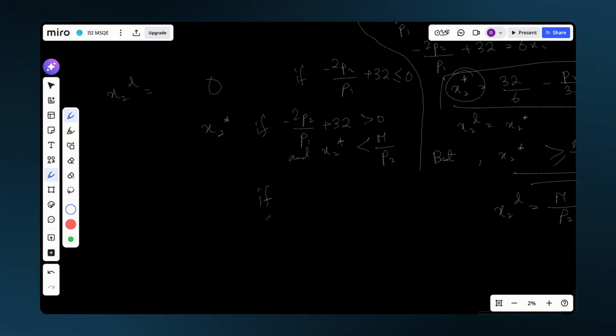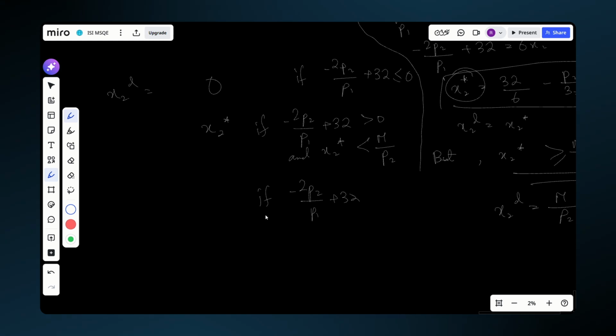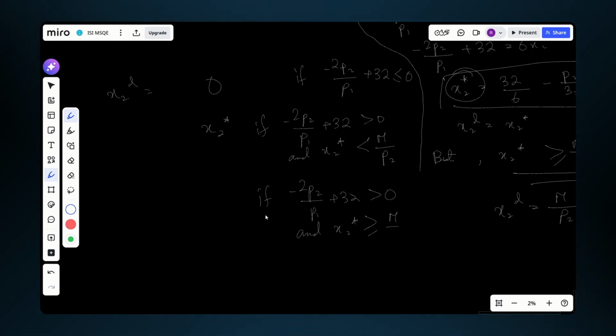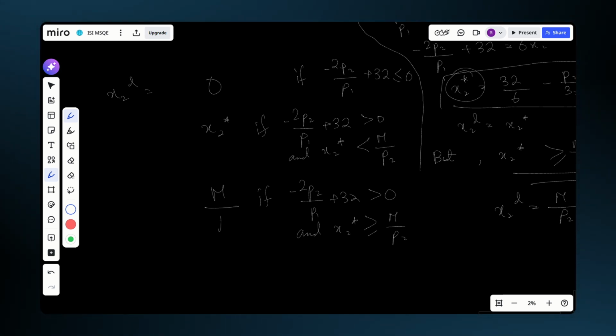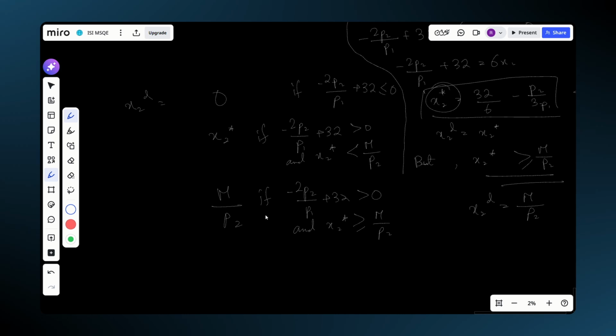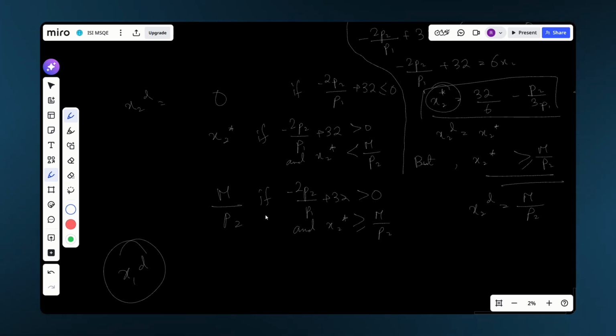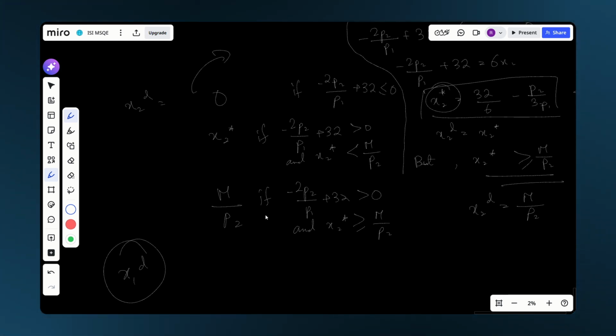And the third case is if minus 2p2 by p1 plus 32 is strictly greater than 0 and x2 star is greater than or equal to m by p2, then the demand for x2 will be m by p2. Similarly, I can find out the demand for x1d by plugging these values into the budget equation. And these three conditions will still remain the same.